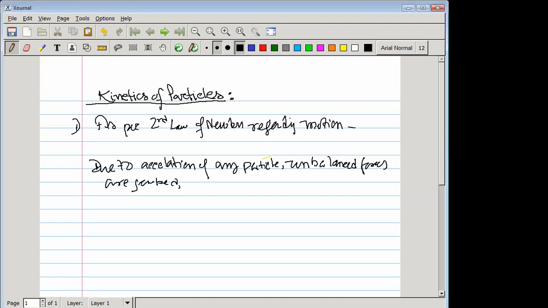Now there are three general approaches to solve any kinetics problem.